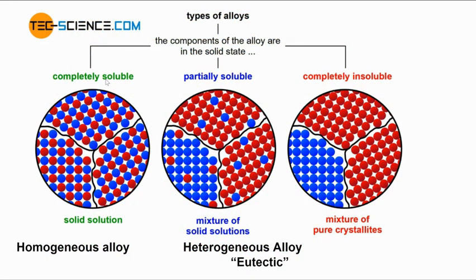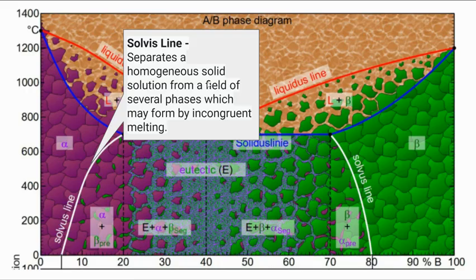If we remember, if something's completely soluble, it forms a homogeneous alloy, whereas if it's partly soluble, it forms a heterogeneous alloy or the eutectic alloy. So the solvus line, again, separates the homogeneous solid solution from the field of several phases which form by incongruent melting, in other words, partial solubility in each other as they melt.